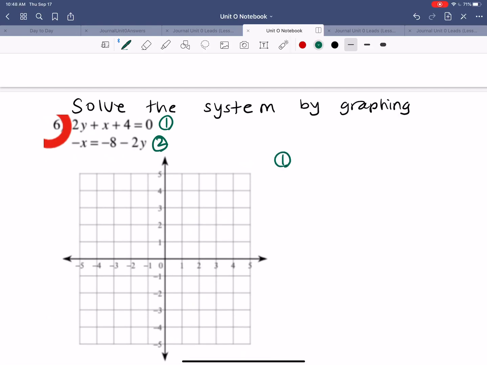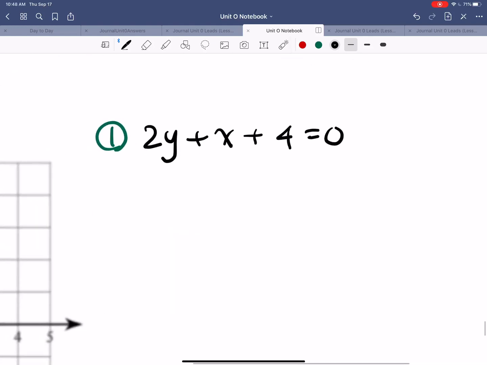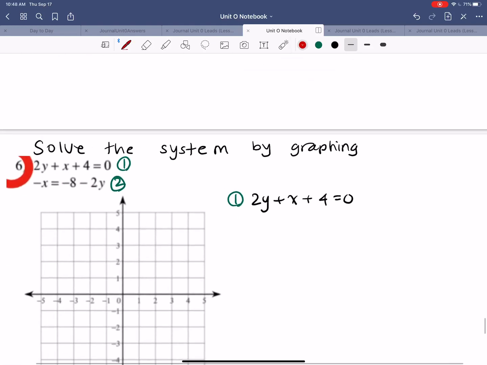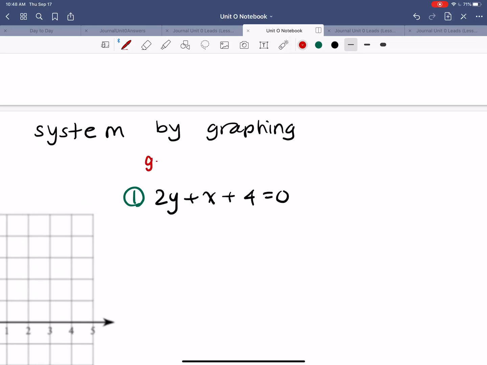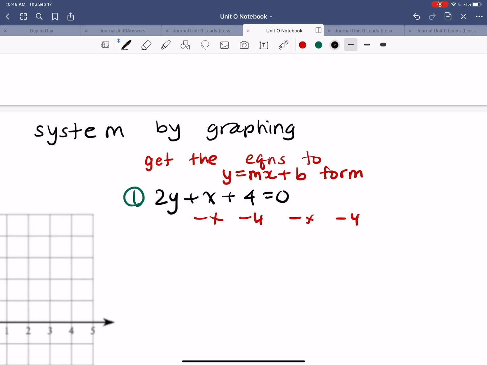For number 1, I'm gonna write that it's 2y plus x plus 4 equals 0. I want to get my y by itself. And so for all of these, I'm gonna get the equations to y equals mx plus b form. So I have minus x minus 4 on the left, minus x minus 4 on the right, and I have 2y is equal to negative x minus 4.